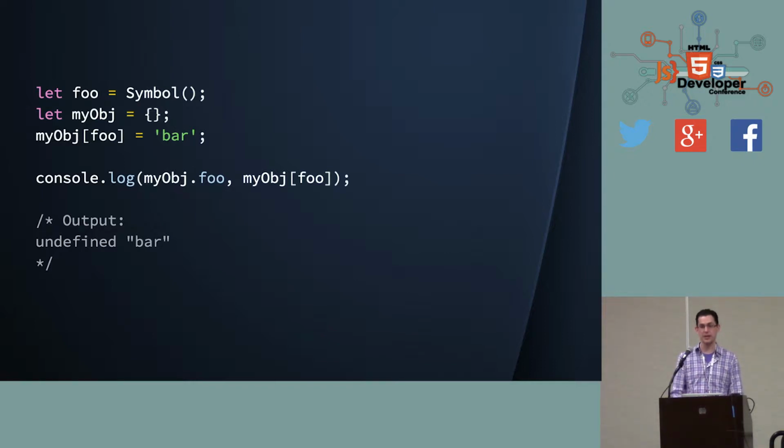So in this case, we create an object, then we use foo in the brackets as a key, and we set it equal to bar. Now, one thing about symbols is they cannot be converted to strings. And if you try to access this with a string, if you said myObject.foo or myObject bracket quote foo, that actually doesn't work. You can't get at it that way. So unless you have a reference to this variable, you can't get at it. And as we can see, in this case where we actually called it here.